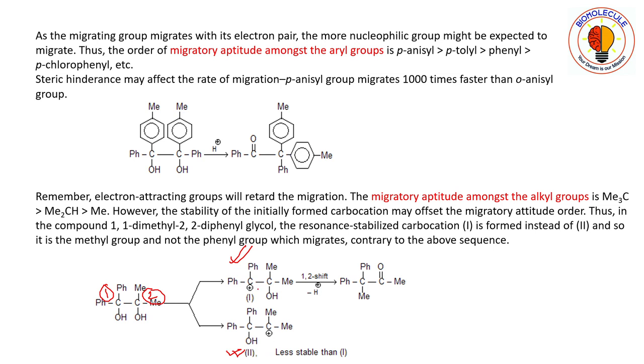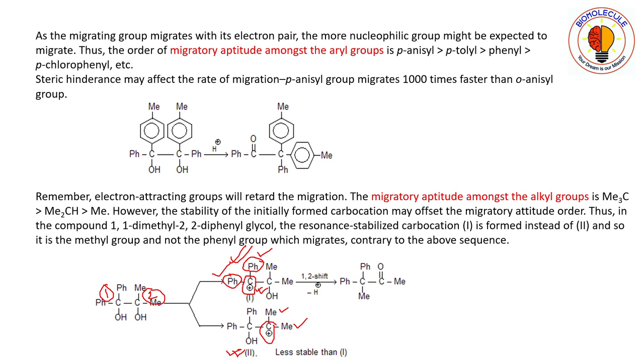This carbocation is stabilized by two phenyl groups through resonance, whereas the second carbocation is only stabilized by two methyl groups through induction and hyperconjugation.